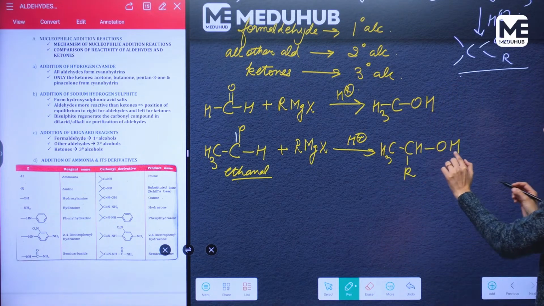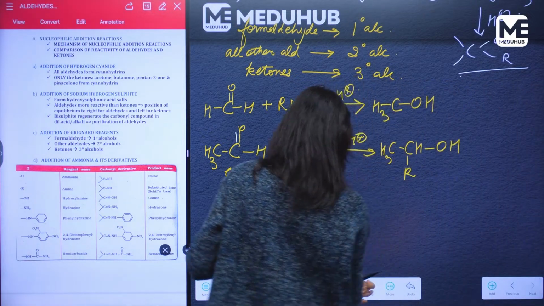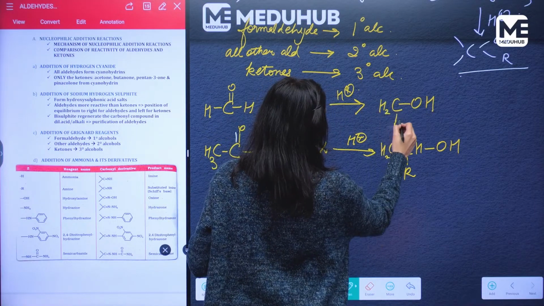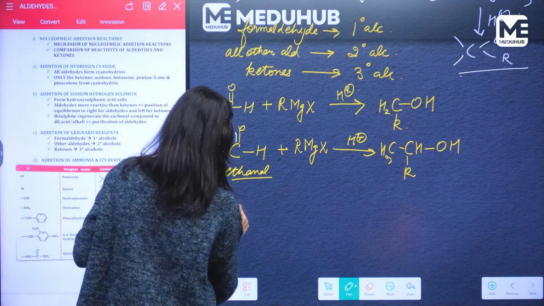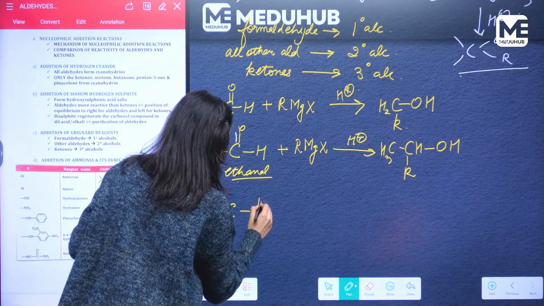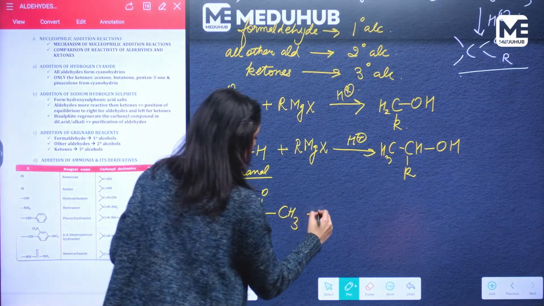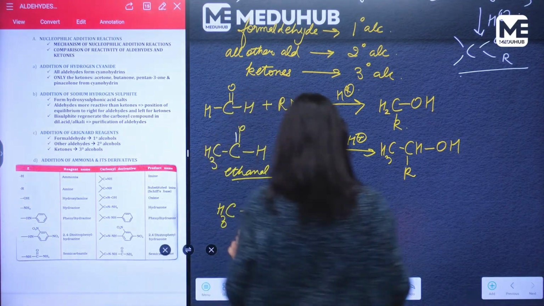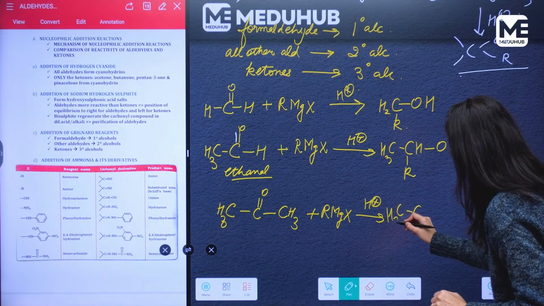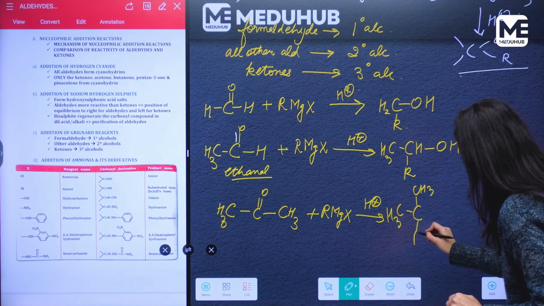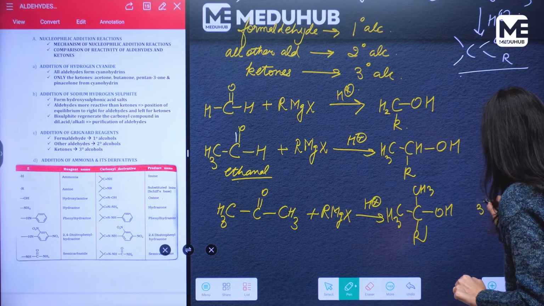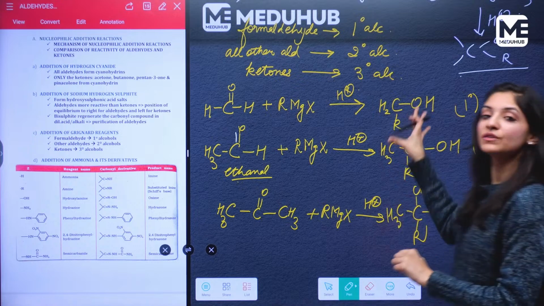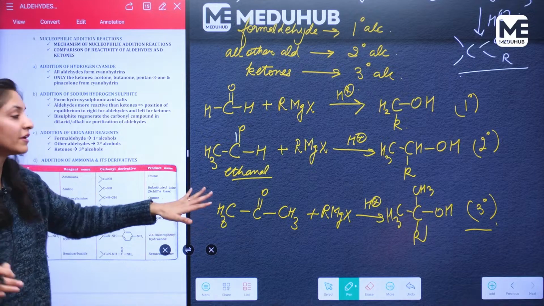This is a 2 degree alcohol. And if we have acetone, with acid, we will get a tertiary alcohol. Here, 1 degree, 2 degree and 3 degree. So this is it for the reaction of aldehydes and ketones with Grignard reagents.